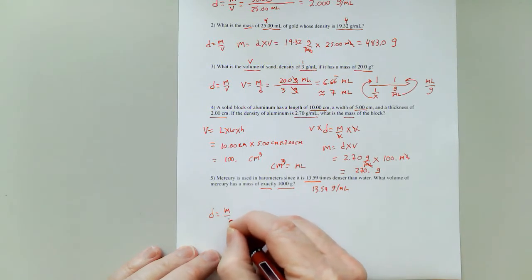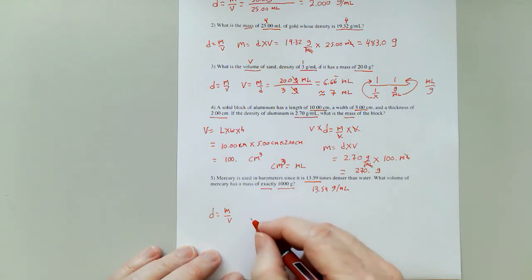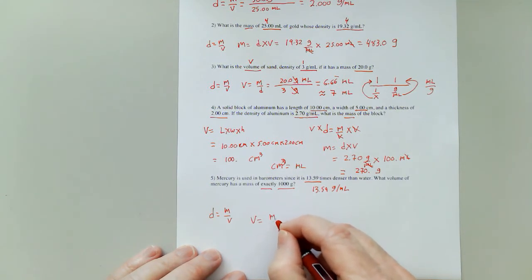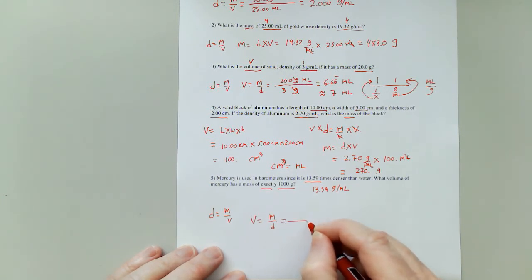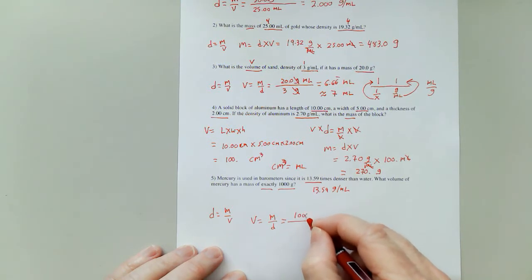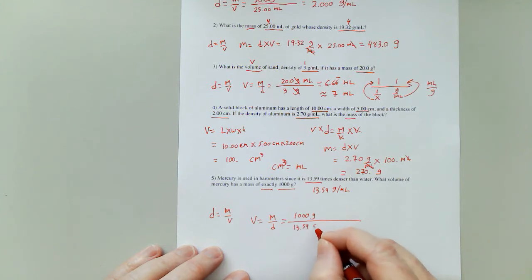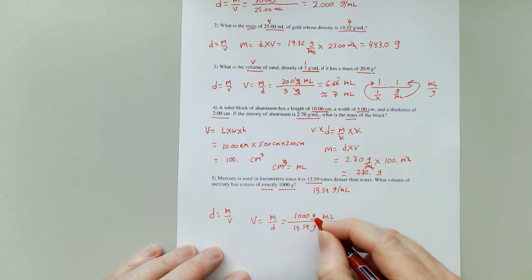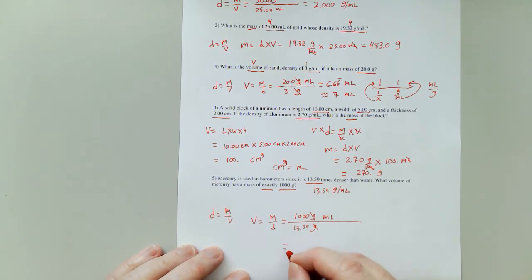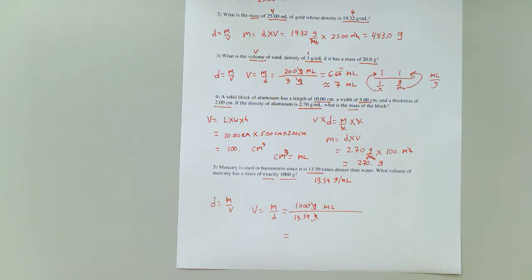Density equals mass over volume. Volume would then equal mass divided by density. 1,000 grams over 13.59 grams per milliliter. Boom, boom. And hopefully what you have kind of caught on looking at this is reading the question is really mandatory.